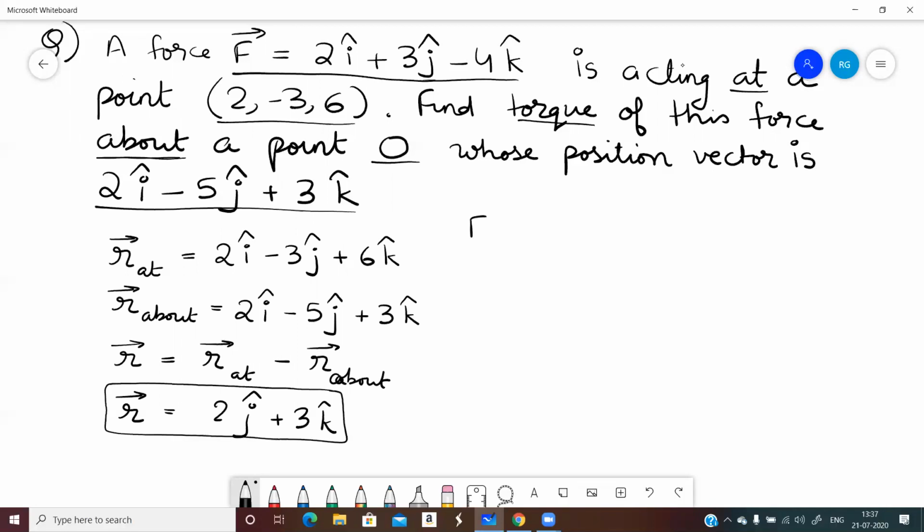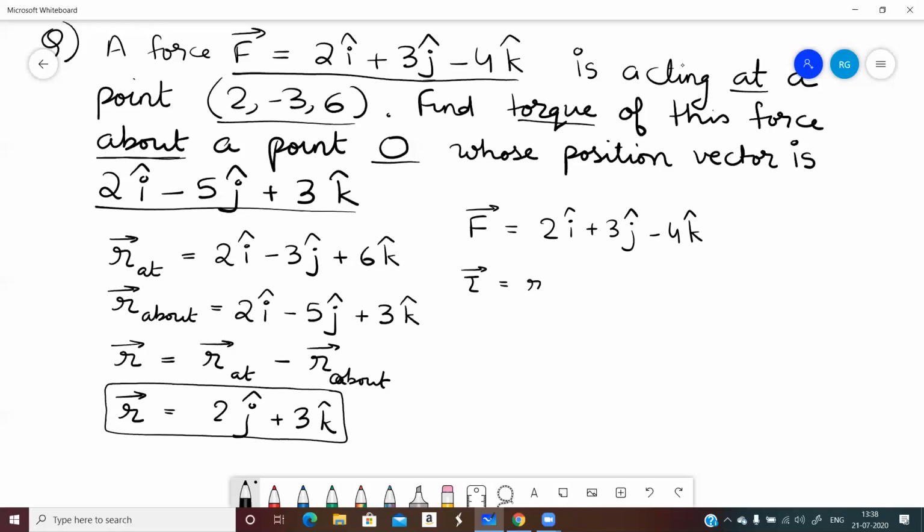The value of F is given as 2i cap plus 3j cap minus 4k cap. So the torque now is very simple.